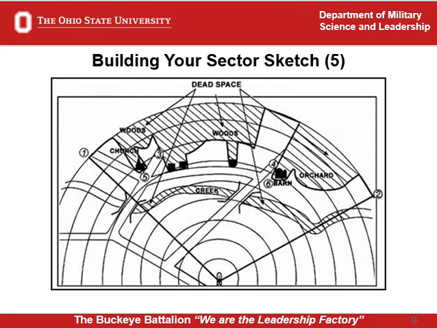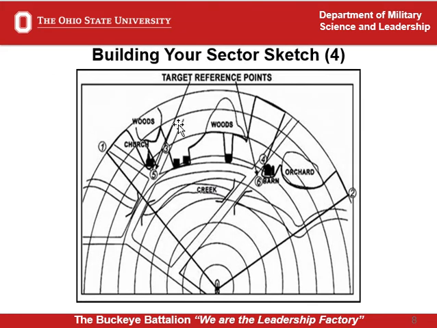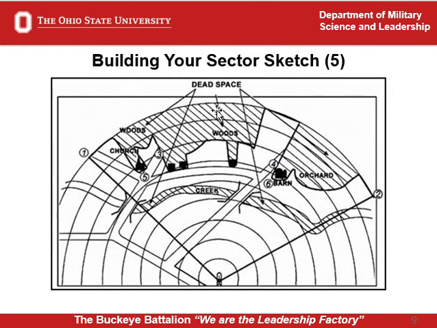All right, carrying on to dead space. As you can see from the previous slide, there's nothing here. But when you go to identifying dead space, like I said, once you're beyond the church, a dead space is somewhere where the enemy can hide that you cannot see them from your known location.